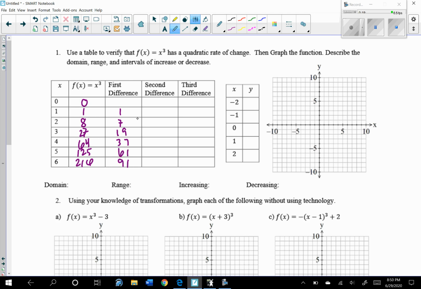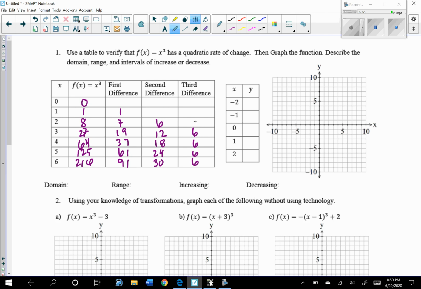The second difference when we subtract, 7 minus the 1 is 6, 19 minus 7 is 12, 18, 24, 30. And if we subtract again, 12 minus 6 is 6, 18 minus 12 is 6, 6 again, and 6 again. So notice that the third difference is the same, which is what makes this a cubic function.